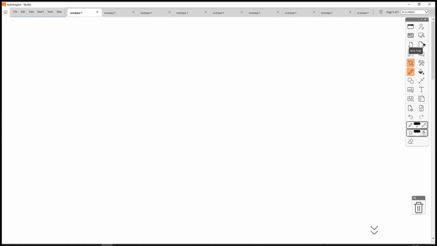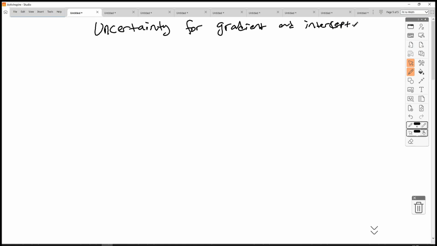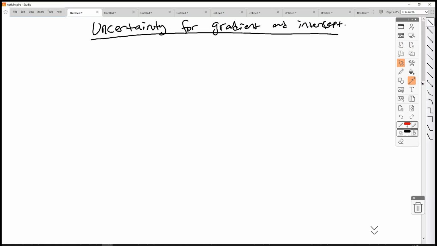Now, lastly, is the uncertainty for gradient and intercept. So to do this, we need to first draw a graph.